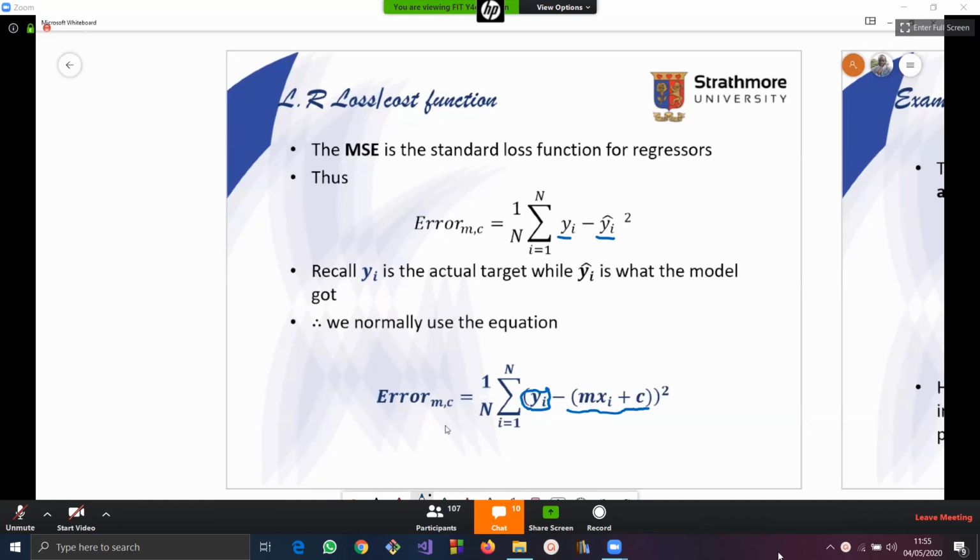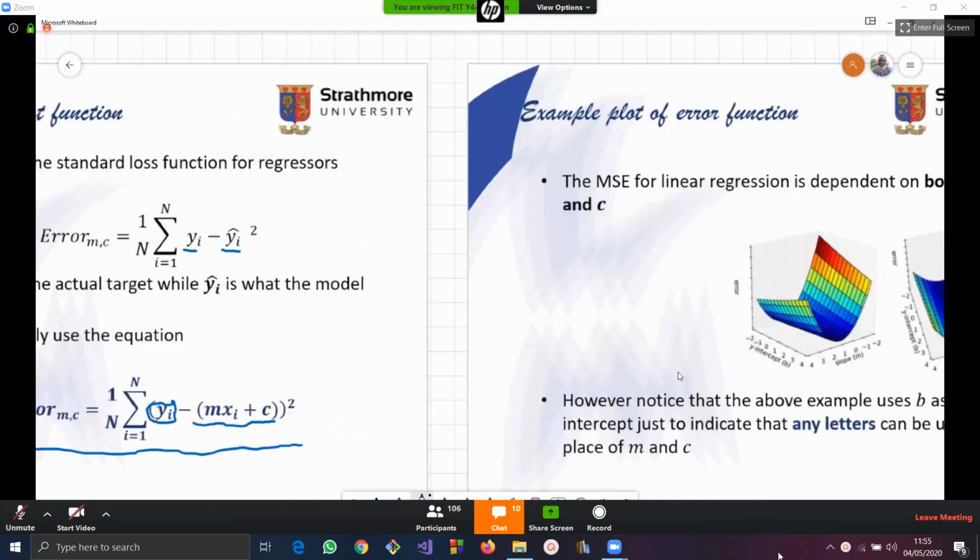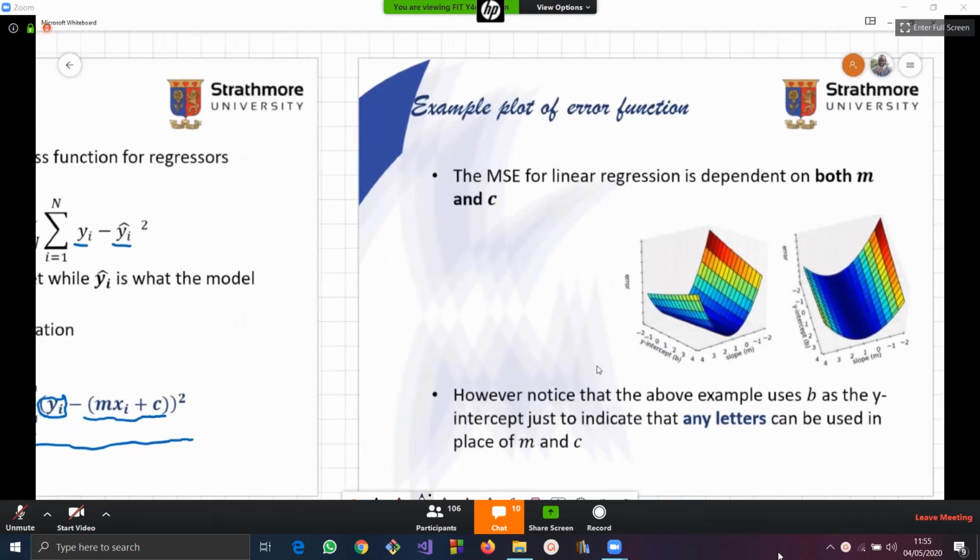So this is the error function. So this regression model learns by minimizing the error function. As you're minimizing the error function, you're trying to find the place where the error is the smallest. Okay. So the question is, how do we minimize the error function?